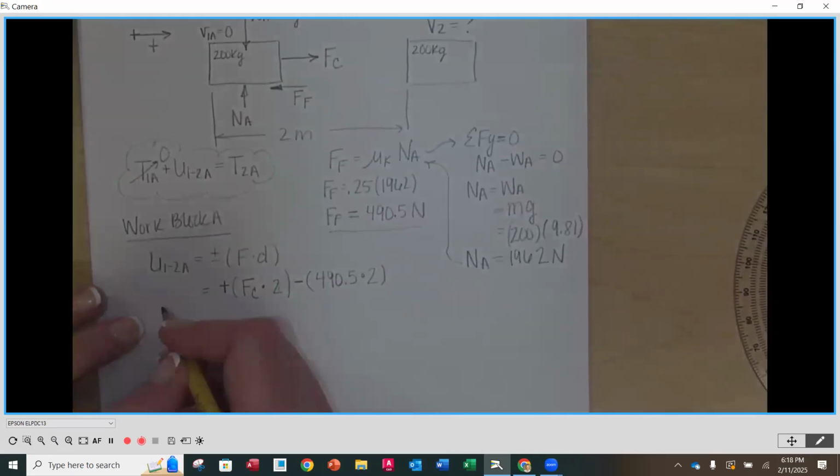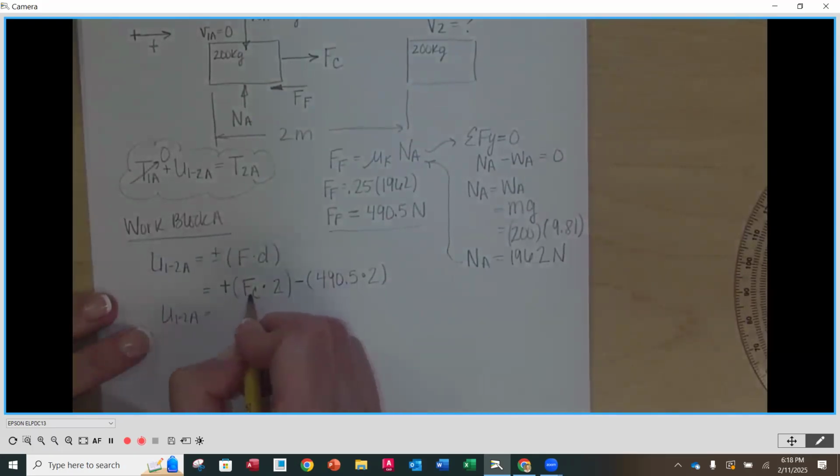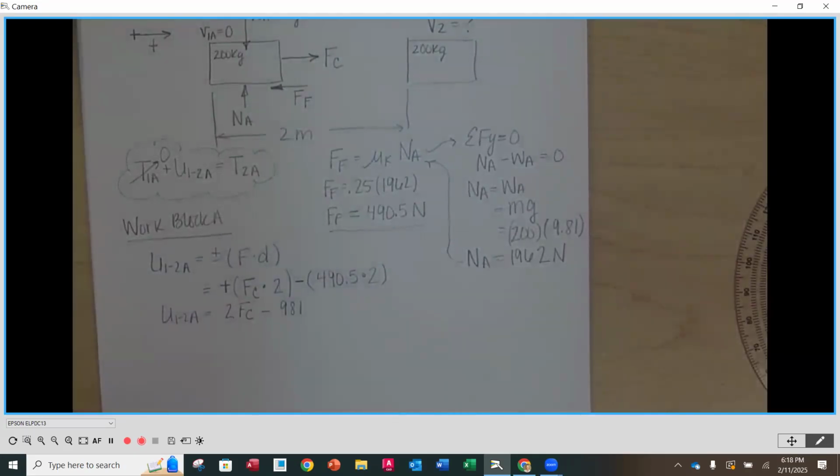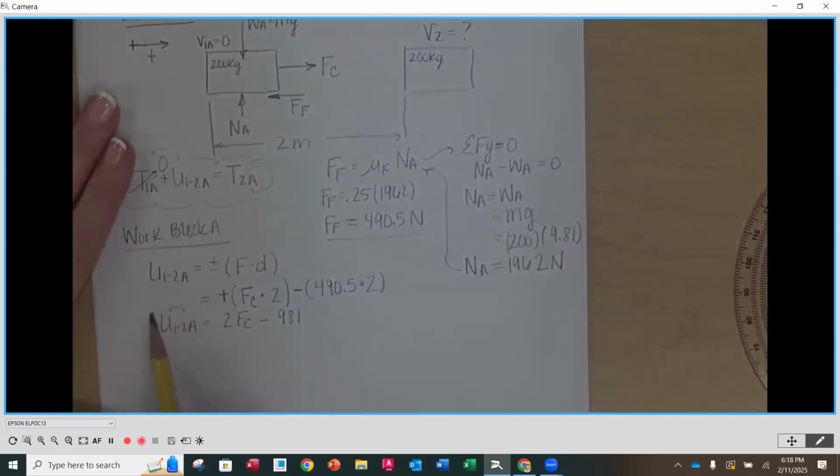So solving for the work here, 1 to 2A, it's going to be 2FC minus 981. So we've got our work in terms of that cable force. So we're going to let this one sit.